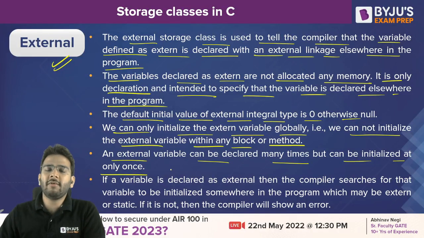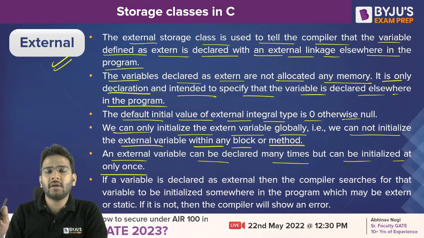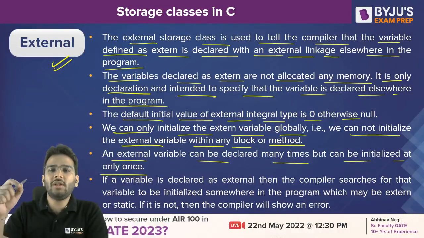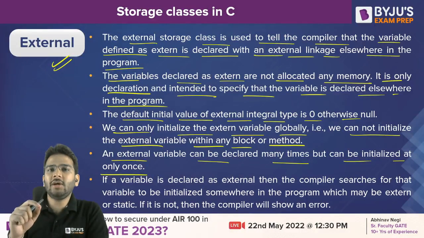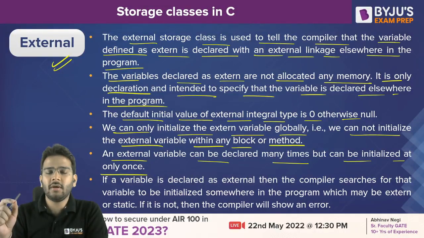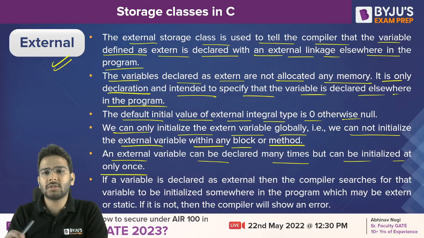So let's say you have 4 modules of a program, and you want to use this extern variable in all the modules. So in all the modules you are going to declare it. Let's say you write extern int a semicolon. Now this int a you can declare anywhere you want to use that variable. Okay, but initialization will be done only once.